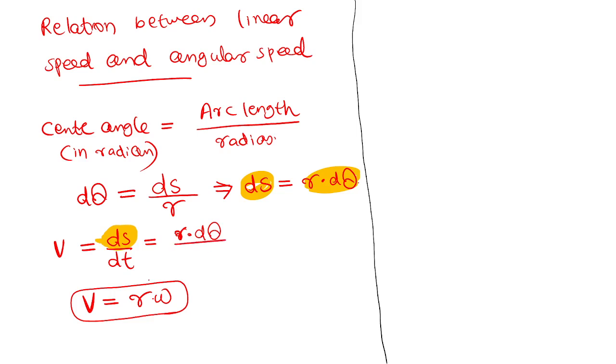Yes, sir. And dt in the denominator. If I put a bracket here, is there any issue? No issue. Now you may read it as r into d theta by dt. Understood? Yes, sir. Hence r into omega. Okay, clear. So all of you please write down.